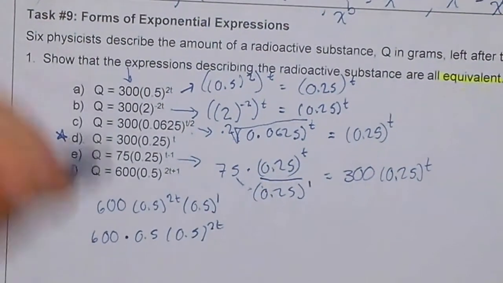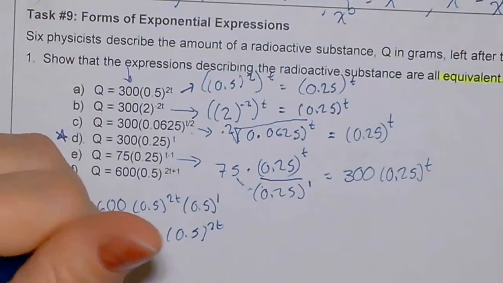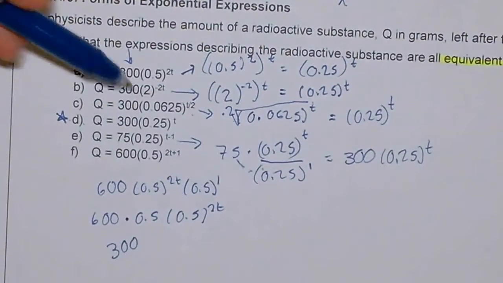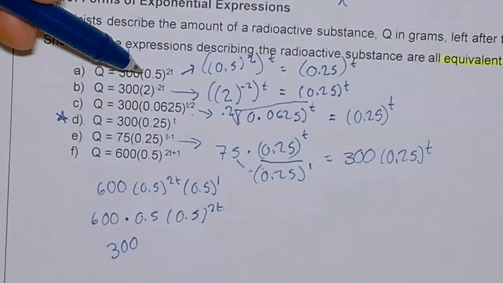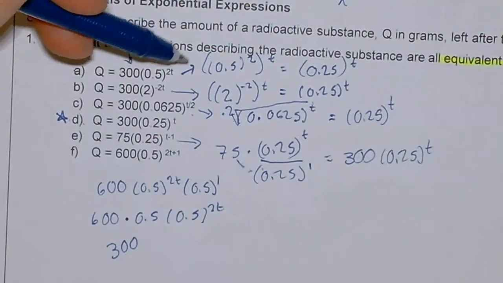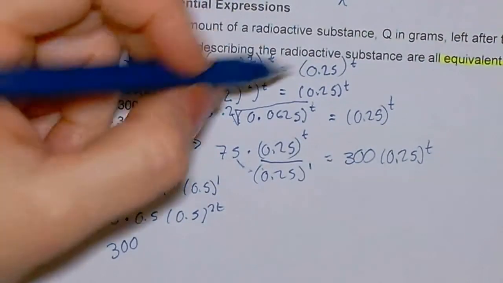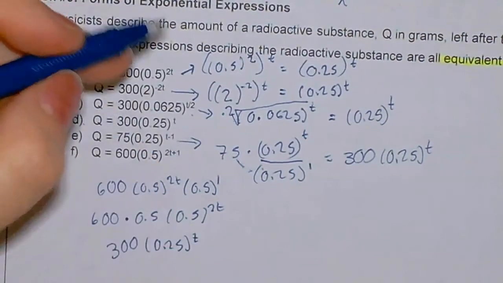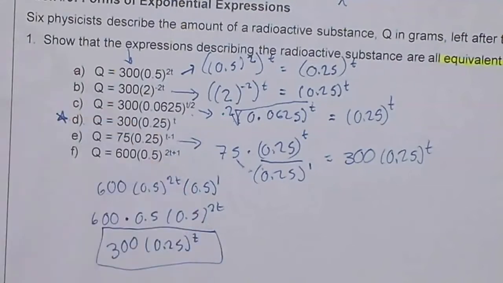Okay, well, that's 300, so that's good. But then 0.5 to the 2t power, oh, we've already done that one. That's like the first one. So we already know that 0.5 to the 2t power is actually the same thing as 0.25 to the t power. So we managed to make F look like D.